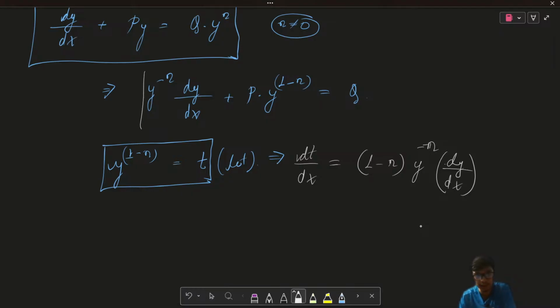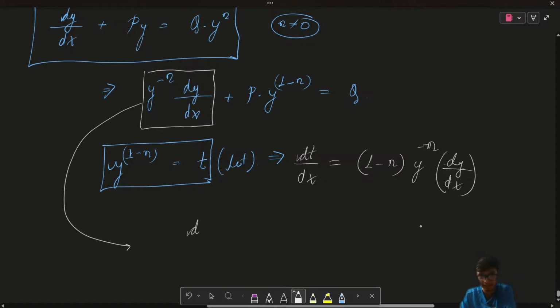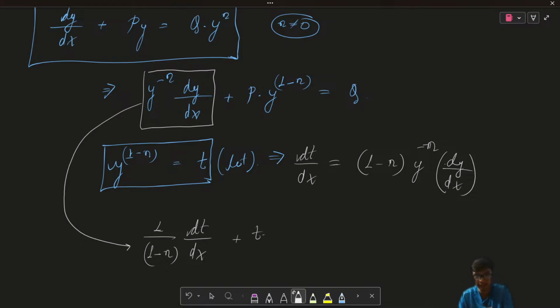And therefore what I'm going to do over here is replace this y to the power minus n dy upon dx with this particular form, and I write it as dt upon dx into 1 upon 1 minus n, and then this particular part is basically t times p is equals to q.